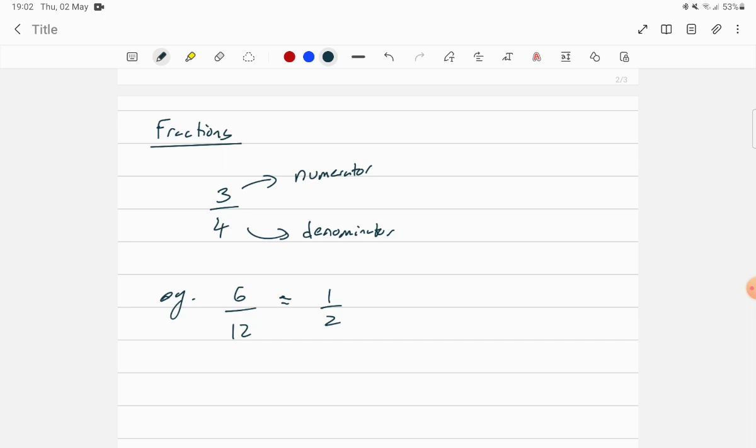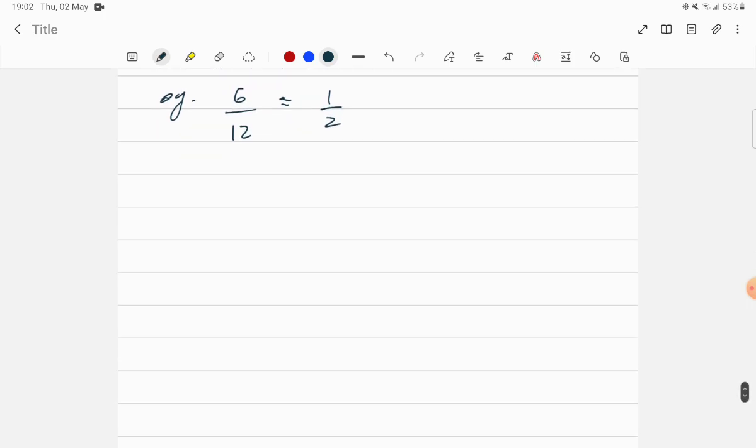Apart from that, you also get improper and mixed fractions. Your improper fraction is generally a number in fraction form that is more than 1.